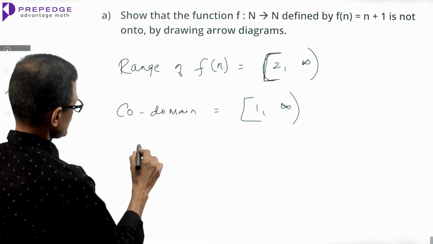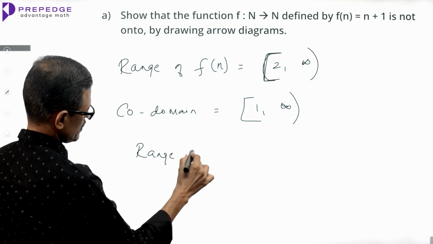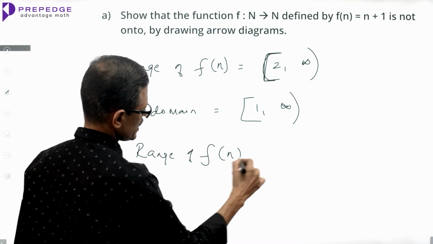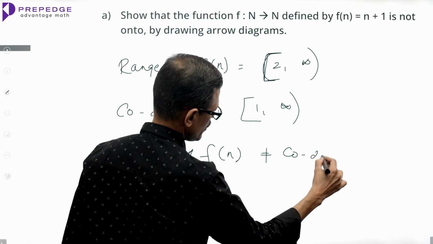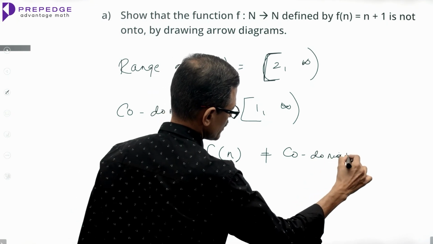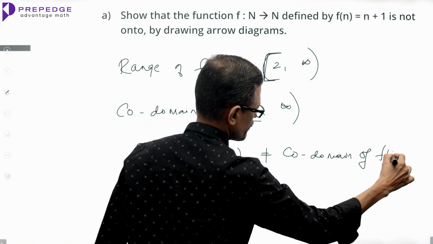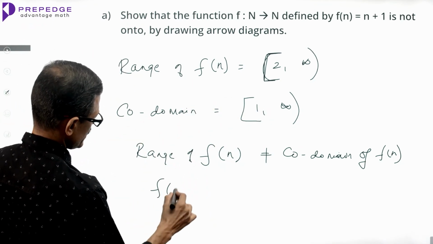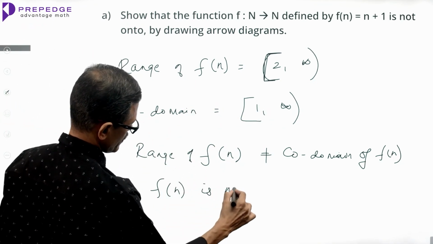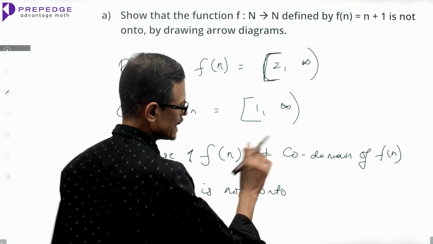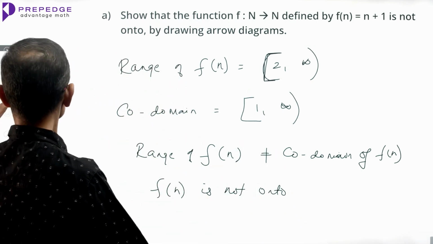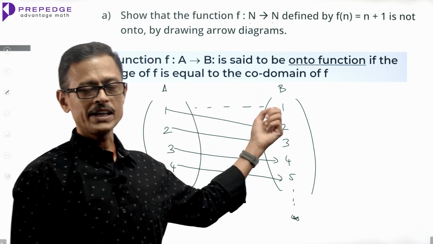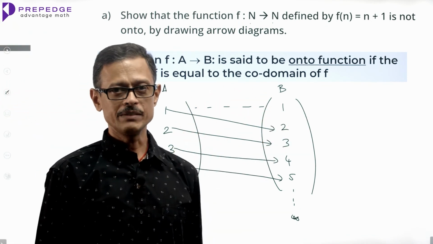This points to the fact that the range of f is not equal to the codomain of f. Because the range is not equal to the codomain, f of n is not onto. This is 2 marks. In the arrow diagram, we are essentially pointing out that 1 does not have a pre-image.